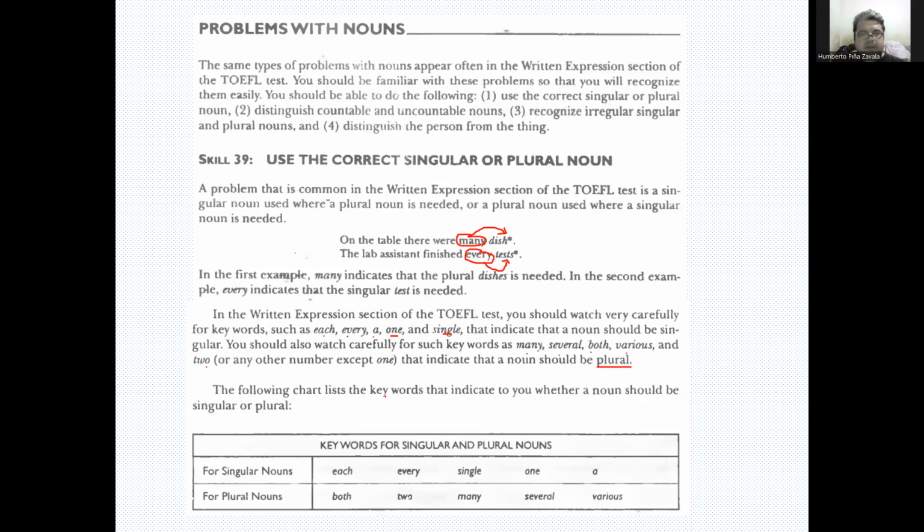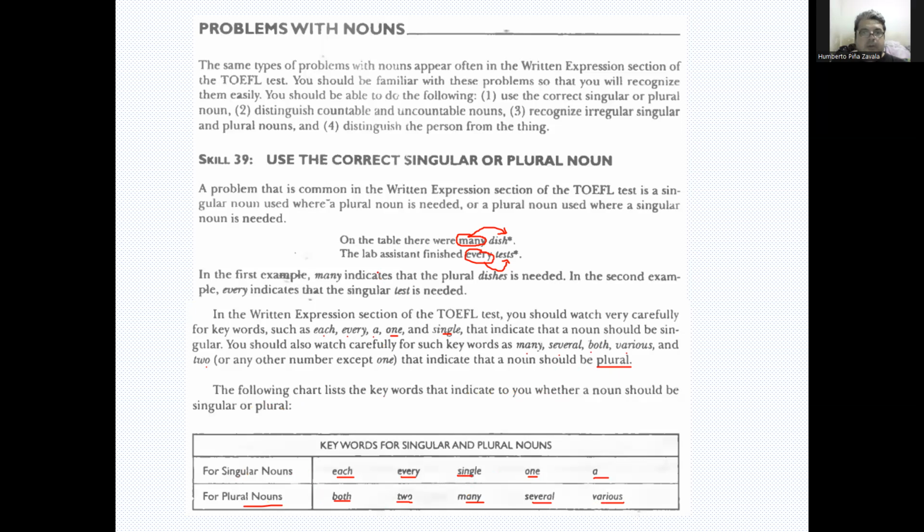The following chart lists the keywords that indicate to you whether a noun should be singular or plural. For singular nouns, each man, each woman, each child, every man, woman, child, a single person, one person, a person. If it's plural, then you've got both, this and that, two people, many people, several people, various people.